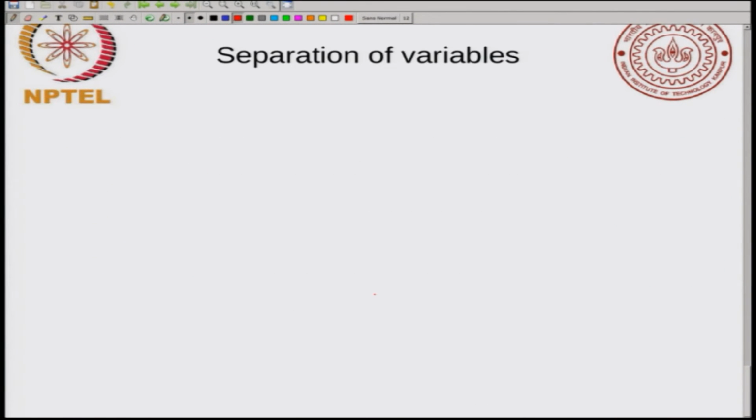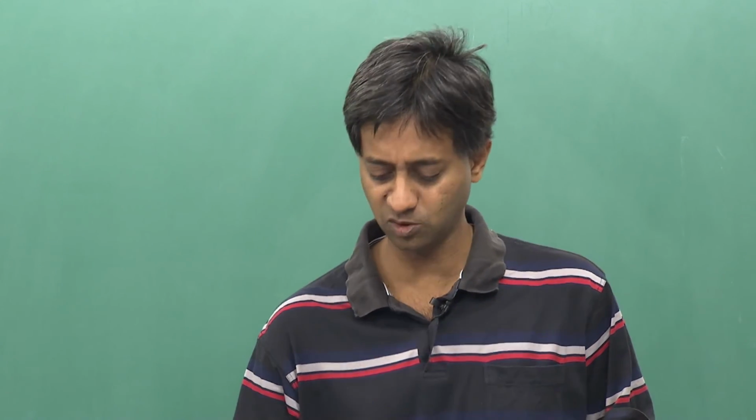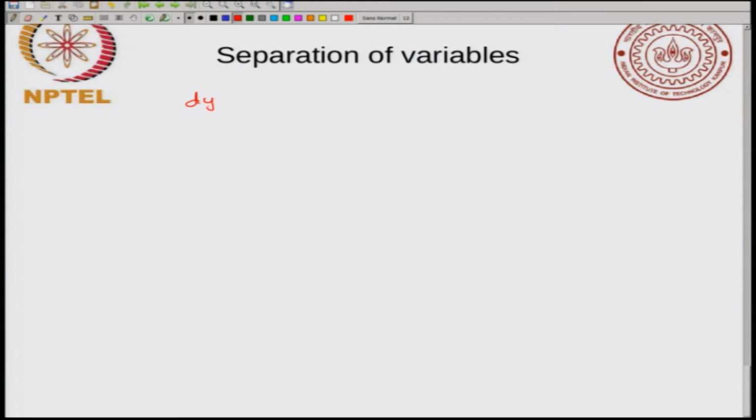The first thing that you try to do when you get a first order differential equation is to separate variables. For example, if you have dy by dx is equal to 3xy plus 2x, then you will try to write this as dy by dx is equal to x times (3y plus 2).